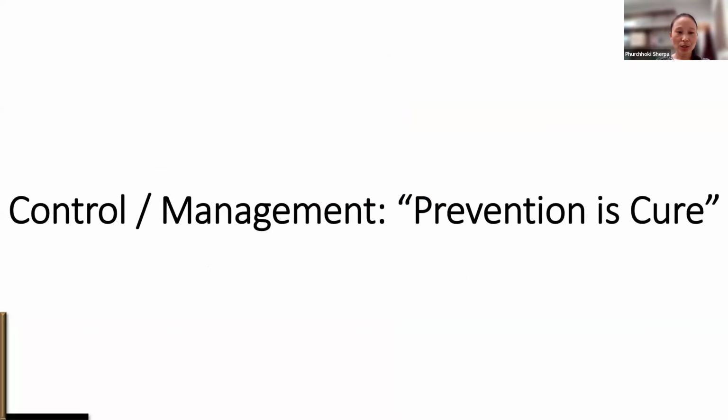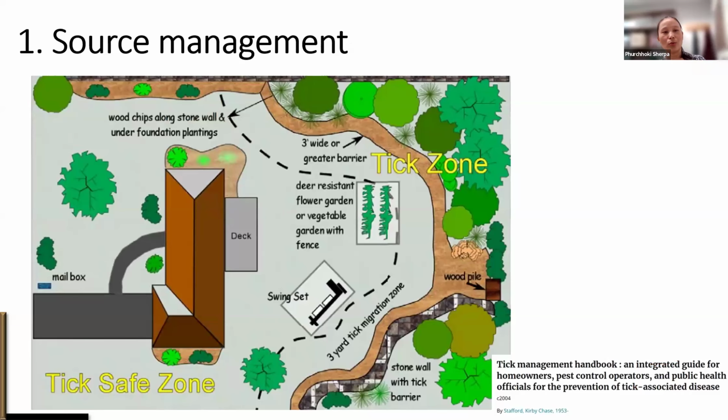So moving on to the control and management of ticks. When it comes to control of ticks or prevention of tick bites, prevention is always the cure. We'll start with how to avoid tick habitats on my property, and that can be pretty extensive and expensive, but it is a good source management. That means it is a really good prevention method.